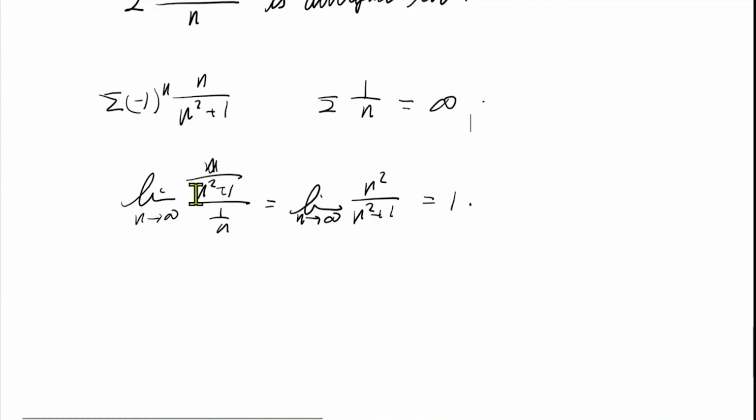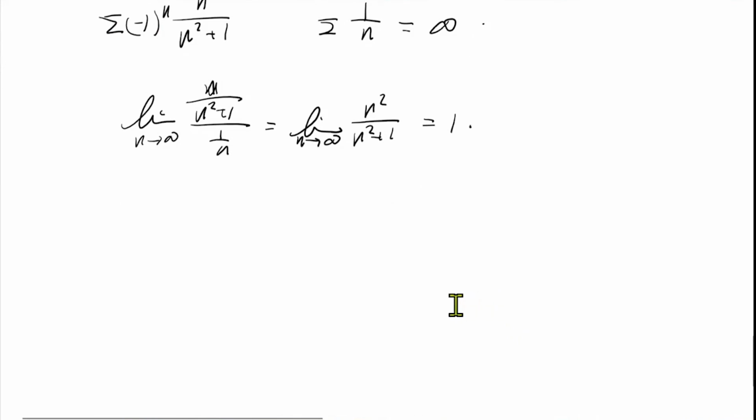That much is the absolute convergence test, because I've taken these alternating signs out. It's like the absolute value of this. So this is not absolutely convergent, but we still have to do the alternating series test, because it could converge conditionally. And it turns out it does.